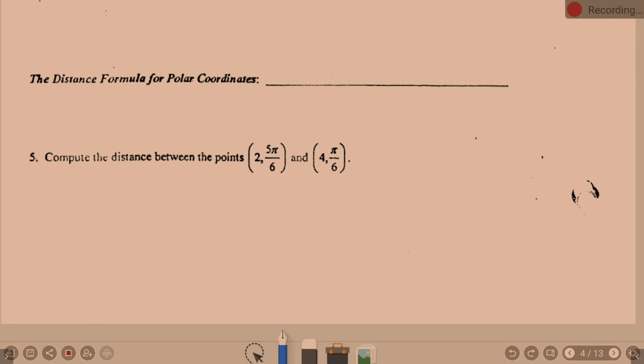These are polar coordinates, aren't they? So these are r and theta values. Okay. Now, distance formula. These are 2 points. If we are in rectangular coordinates, we have a distance formula, yes. You remember anything about that distance formula?